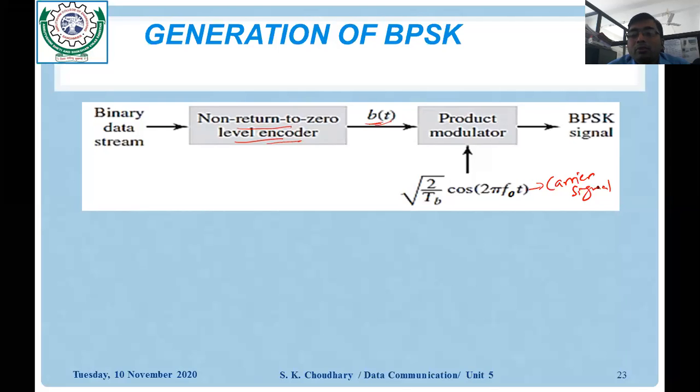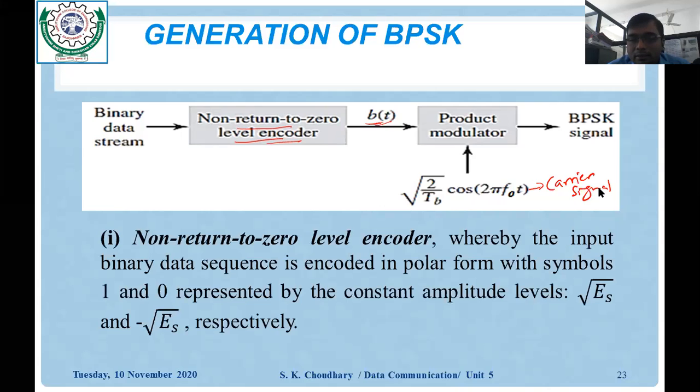When these two signals are mixed in the product modulator, their product comes out of the product modulator, and that is nothing but a BPSK signal. So here the two important blocks are the NRZ level encoder and the product modulator.